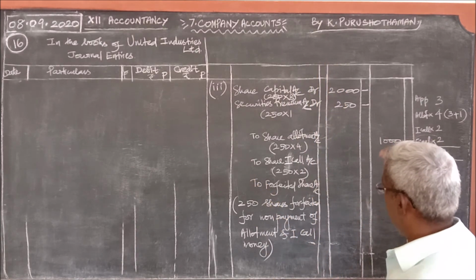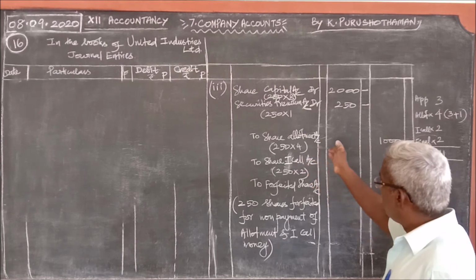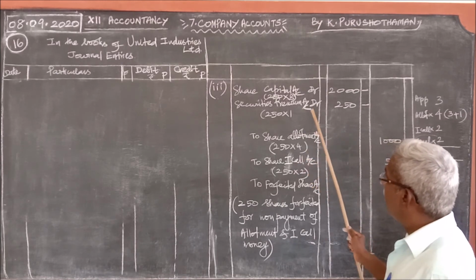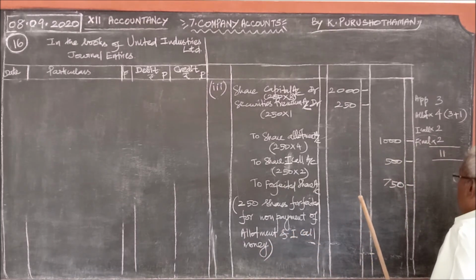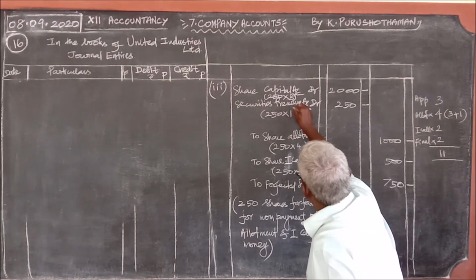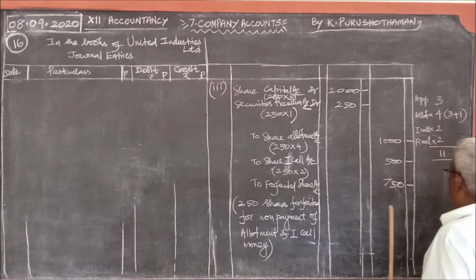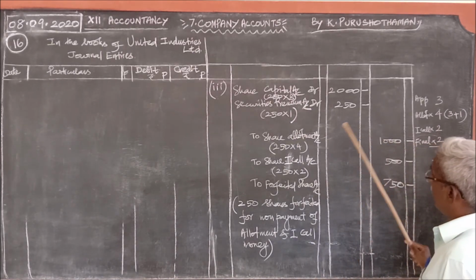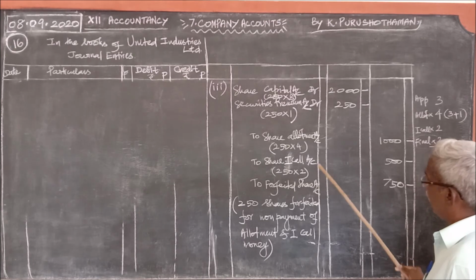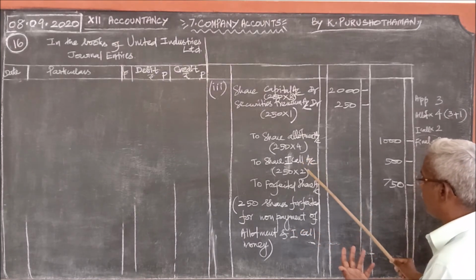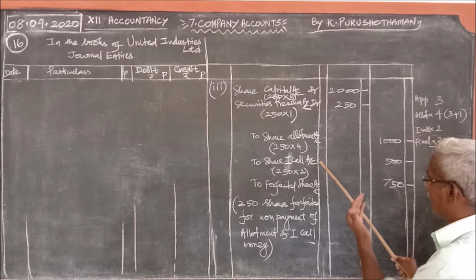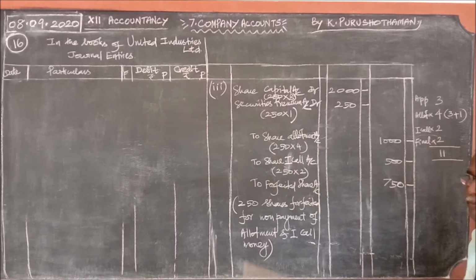Because the company called for the payment of allotment money, not paid. And they called for first call money, not paid. At this stage itself, the shares were forfeited from him.